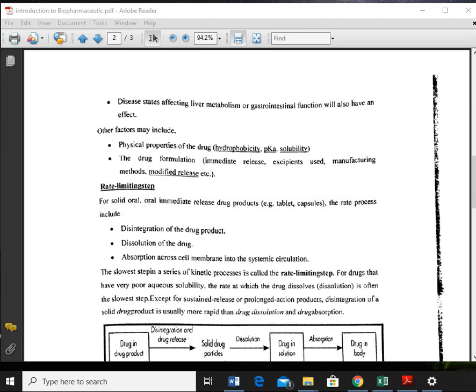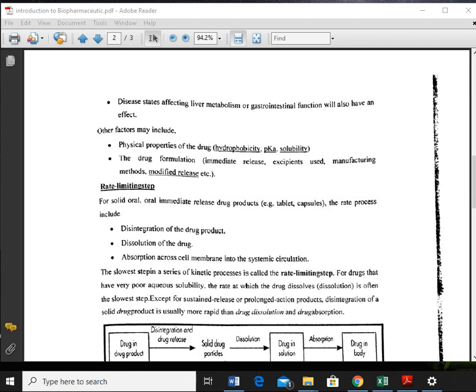There are other factors that also influence the bioavailability: physical properties of the drug, like its hydrophobicity, pK, and stability, which we have already learned. Today's lecture is the factors affecting the bioavailability. So these are the factors.